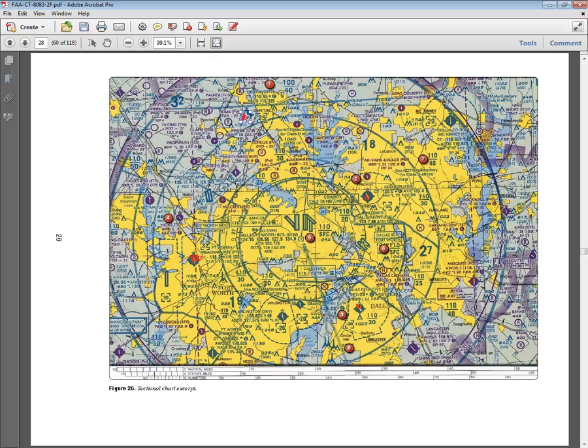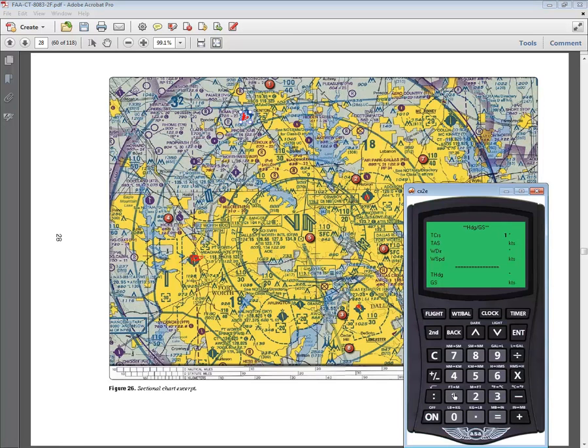So if you measure the direction on this with your plotter, from Addison to Dallas Executive, it's about 185 degrees. So type that in here. 185 degrees is the true course.